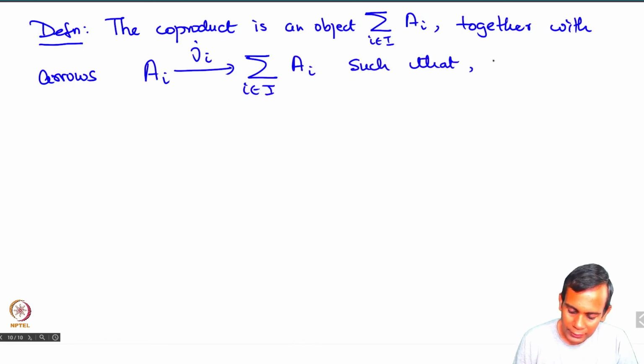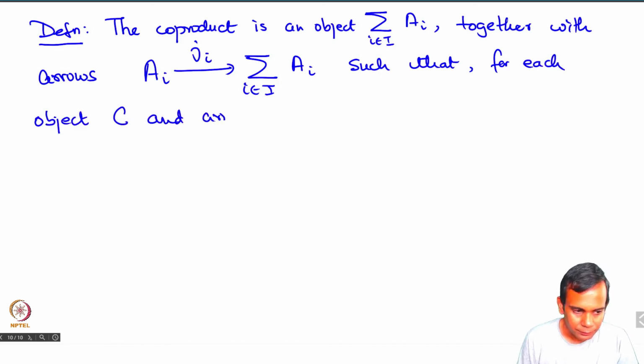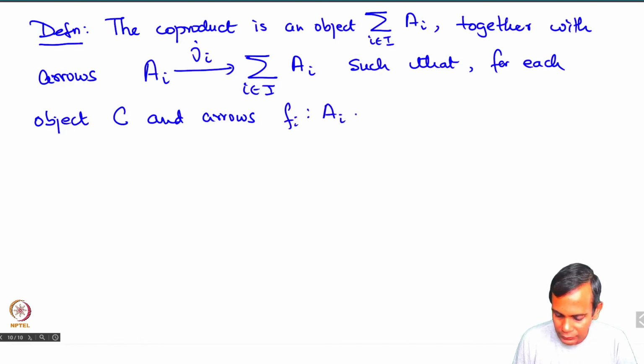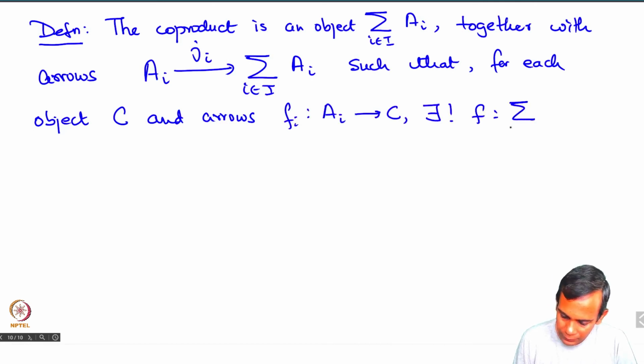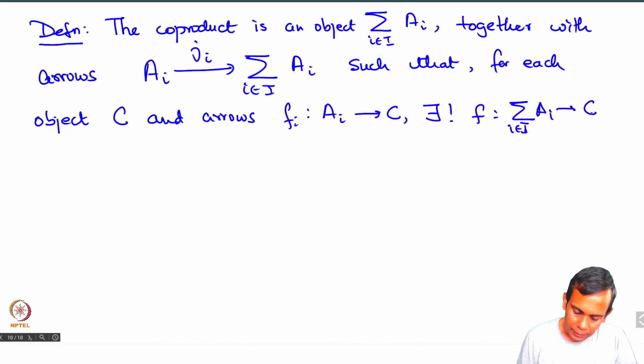for every object C, and arrows fi from Ai to C, there exists a unique arrow f from this coproduct to C. So let me draw the diagram.